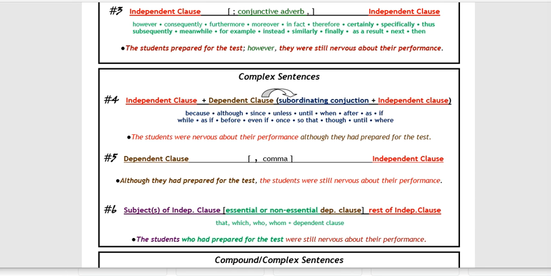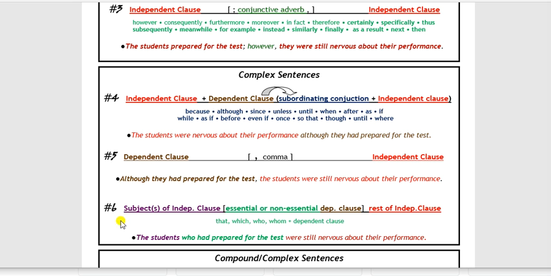All right, the last type is a little bit tricky. This is when you start an independent clause, you list the subject of it, then you interrupt that independent clause with a dependent clause, and then you put the rest of your independent clause that you started at the beginning of the sentence. Sounds confusing, so let's look at an example.